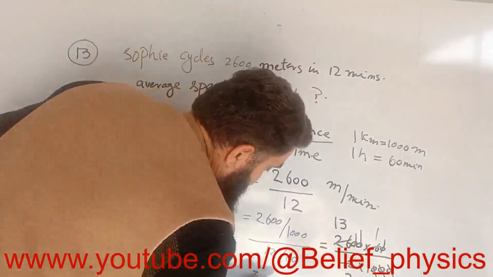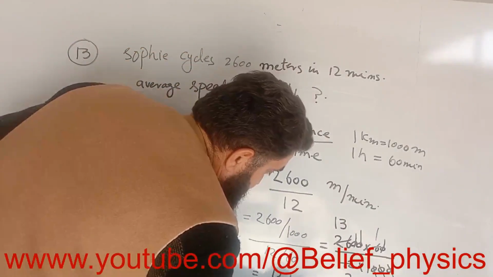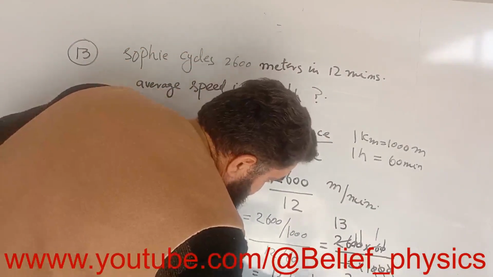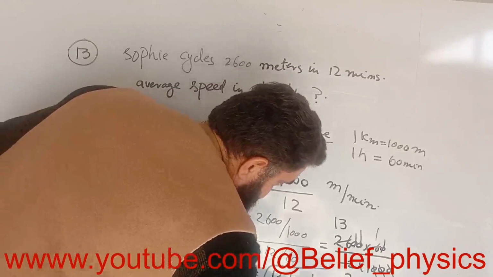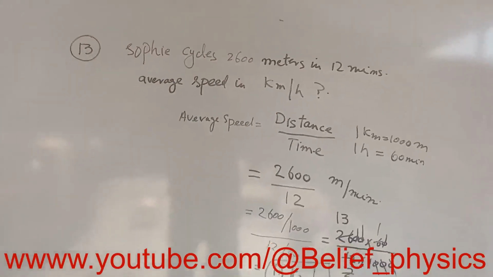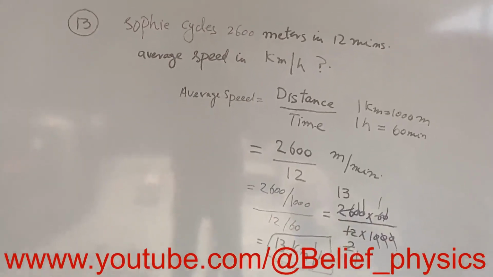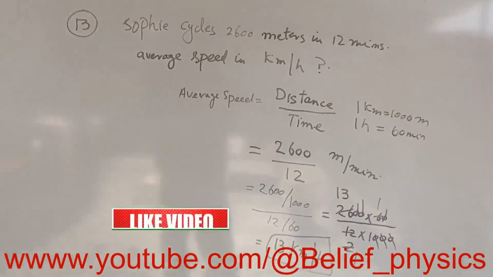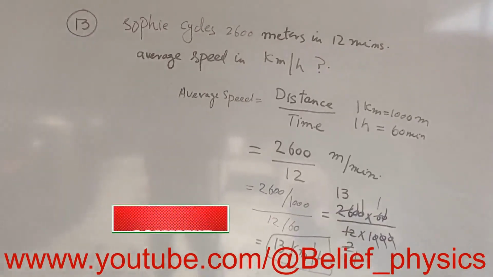So answer will be 13 kilometer per hour, and this is what we have to do. So when Sophie cycles 2600 meters in 12 minutes, her average speed in kilometer per hour would be 13 kilometers per hour. That's it.